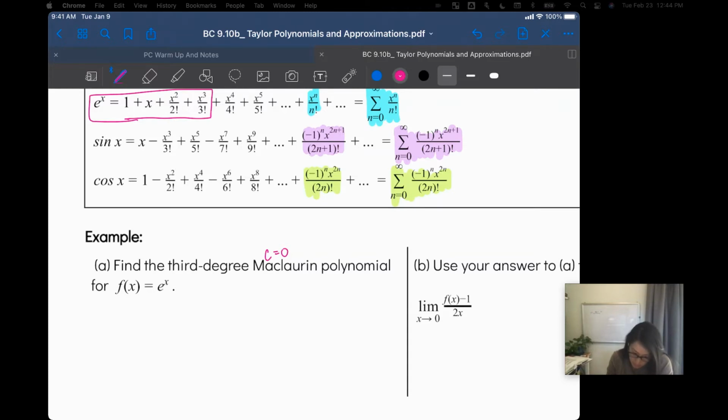So I can say f of x is about equal to the polynomial p sub 3 of x, because it's the third degree, and that is equal to 1 plus x plus x squared over 2 factorial plus x cubed over 3 factorial. So this polynomial helps us estimate the value of e to the x when we're centered around 0.